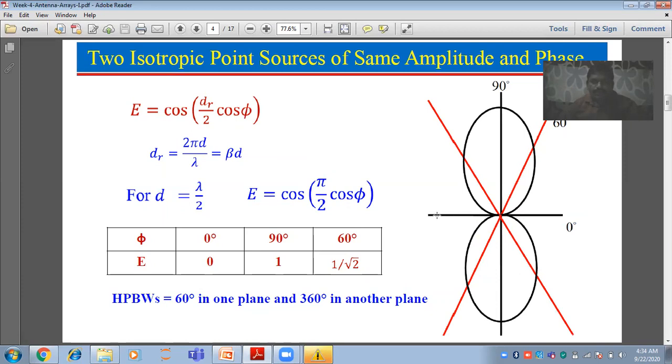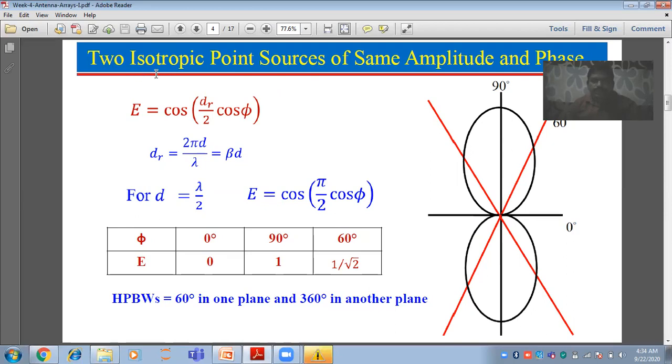This is called the axis of the array. This is the line joining the antennas, so this is forming a two element array. We are taking two antennas, and those two antennas are supposed to be isotropic.